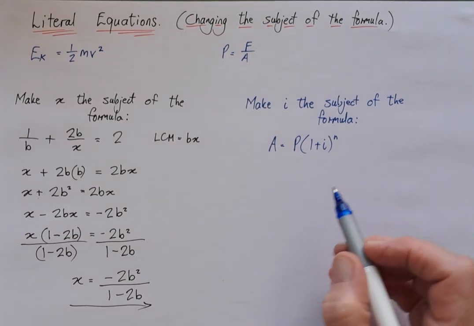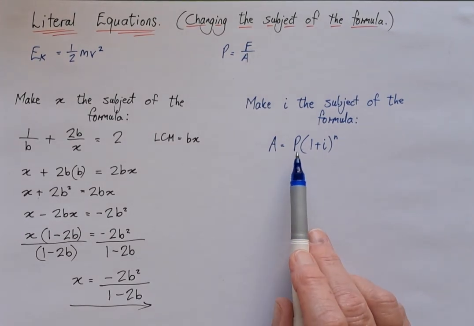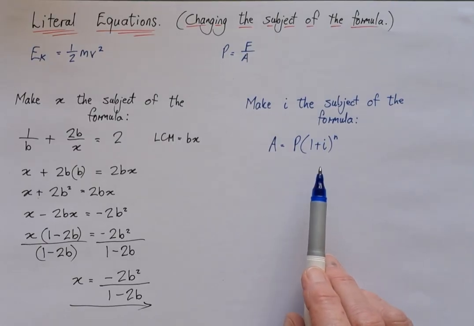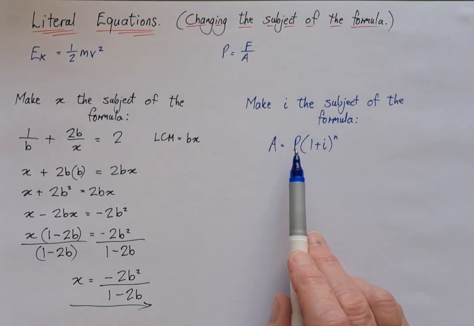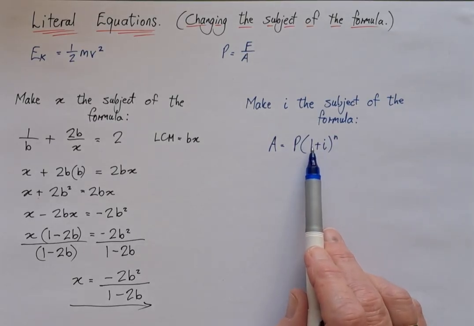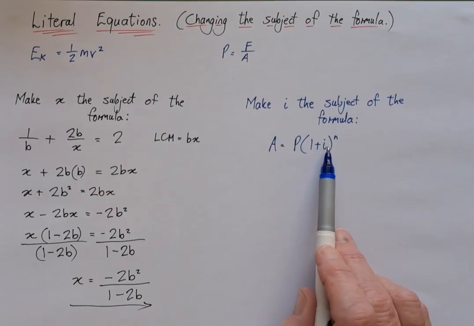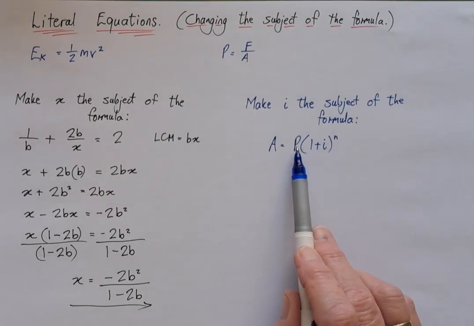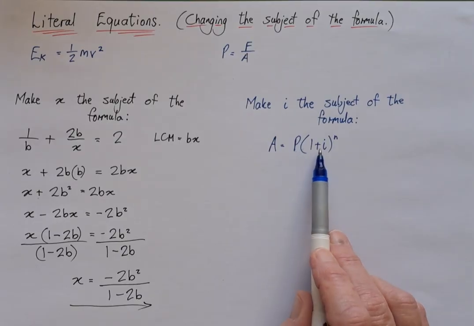Okay, so first of all, the thing to realize here is which inverse operation I am going to use first. Considering that i is inside the bracket, you can't get rid of the 1 from the side because it's very attached to the i being in the bracket, but the P is being multiplied by the bracket.